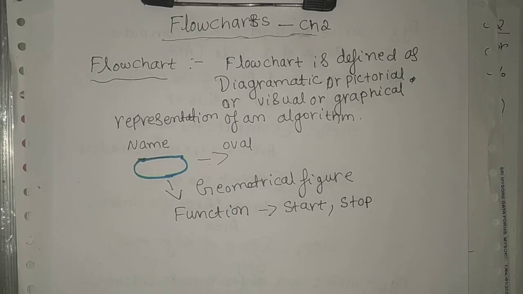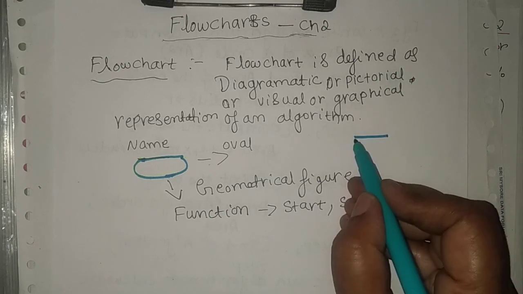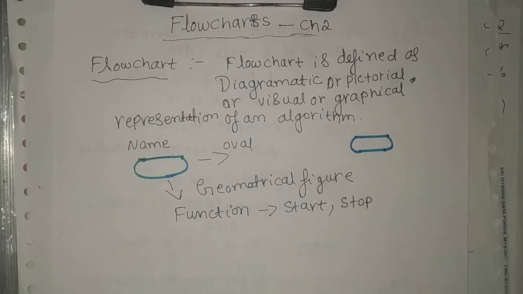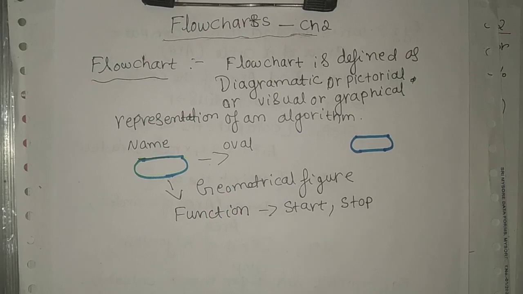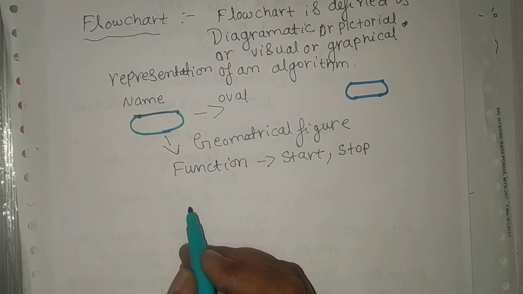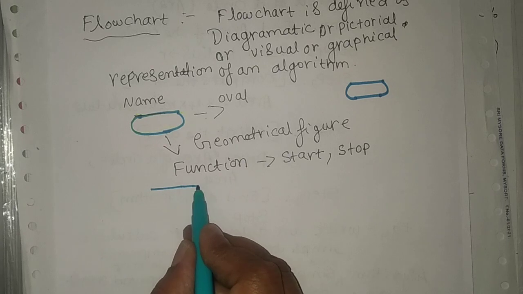So in the flowchart it is used to write the start statement. It is like this. So the oval symbol is a geometrical figure. So next we'll see the second one.